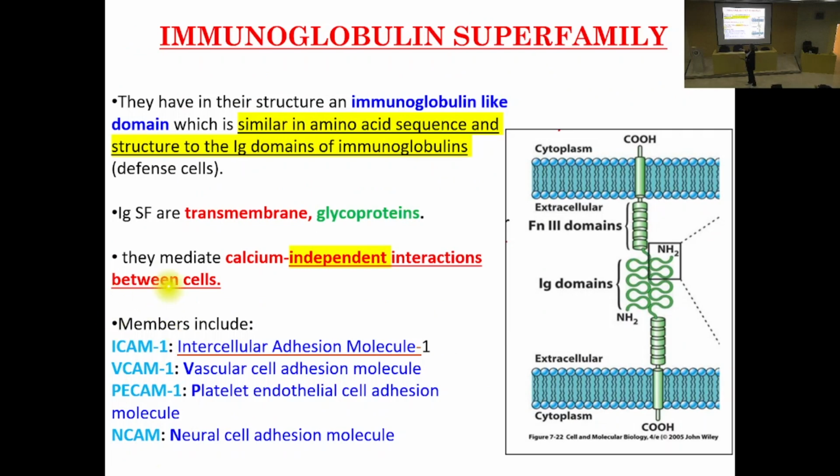Okay? So when I have this overexpression of these molecules in the bronchi, what will happen? The lymphocytes will migrate to the bronchi and there will be inflammation. So that's why I'm going to have these constrictions of the airway. That's why I'm going to have these inflammations in the bronchi.